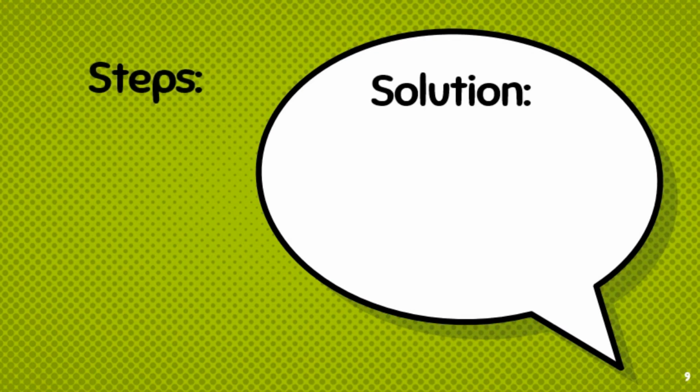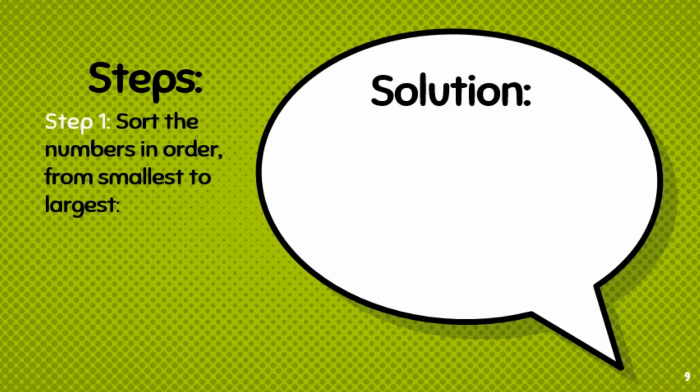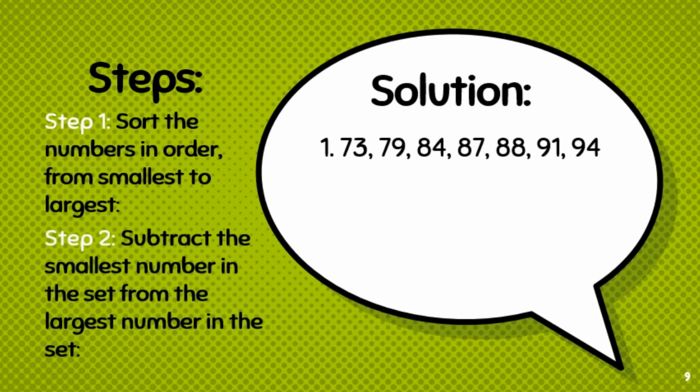These are the steps and solution. In step 1, sort the numbers in order from smallest to largest: 73, 79, 84, 87, 88, 91, and 94. Step 2. Subtract the smallest number in the set from the largest number in the set.